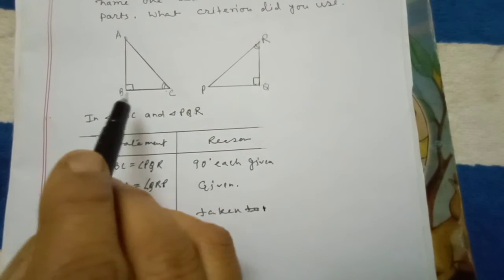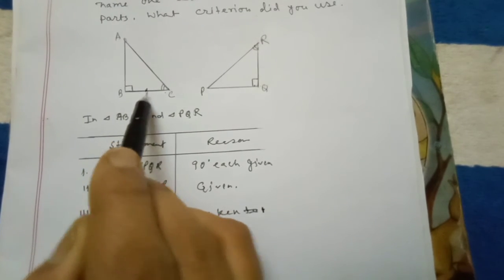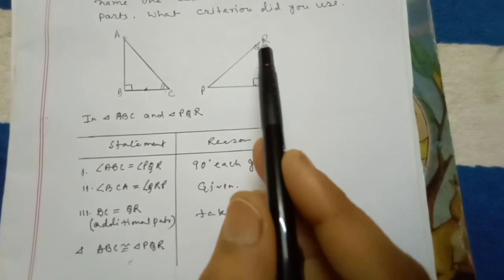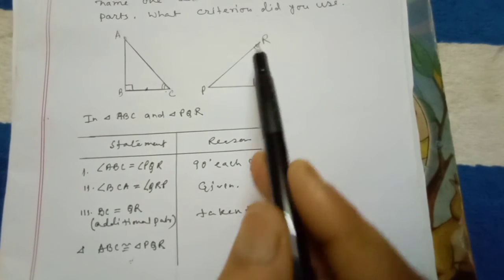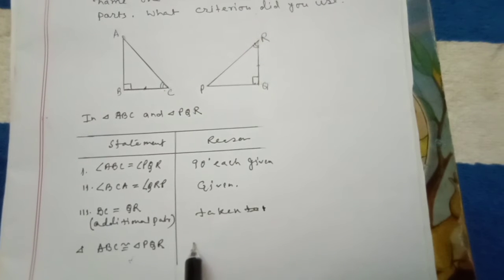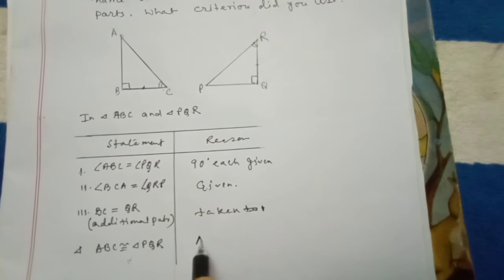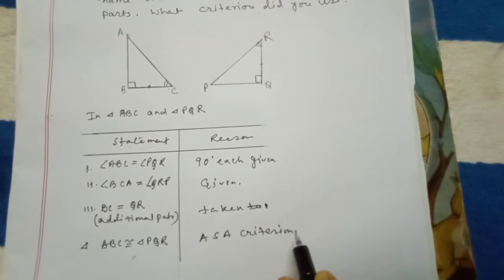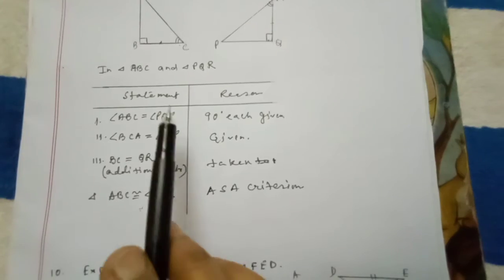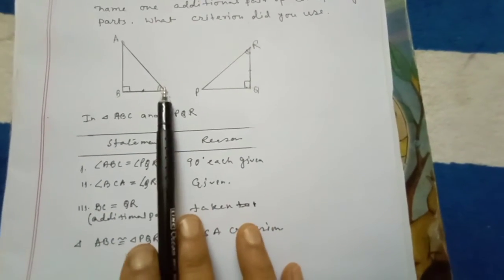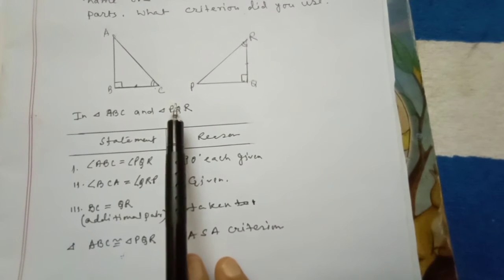Now which criterion? If I take this one equal to this one, then see which criterion you are using. Angle side angle, clockwise or anti-clockwise. The criterion is the angle side angle criterion. Understood? According to the question, only two points are given to prove the congruence.